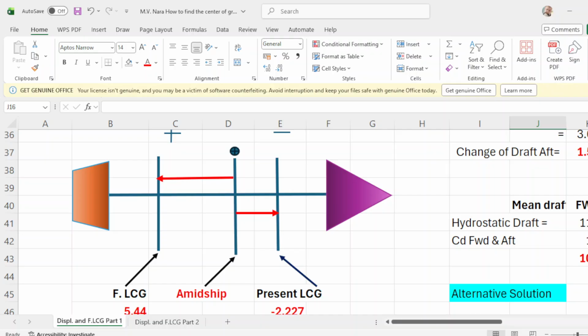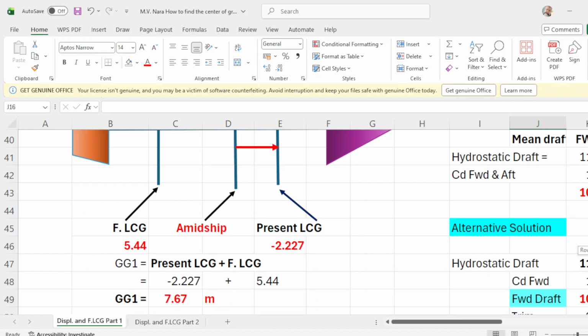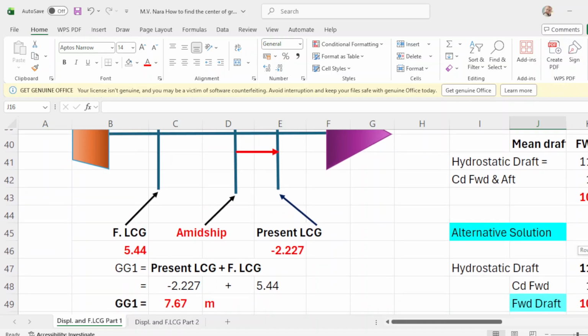Now, this will be your G, the present of negative 2.27. This will be your G1 because you already shifted your center of gravity. The distance you travel from G to G1 is 7.67.